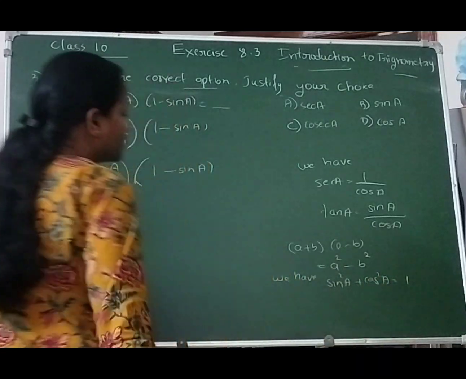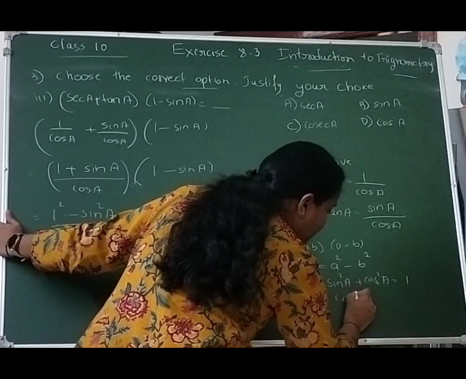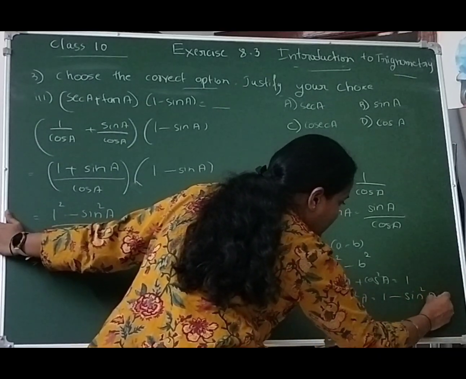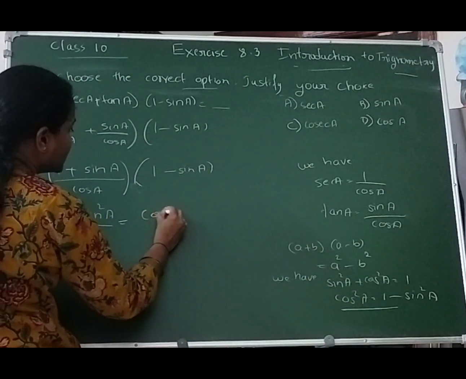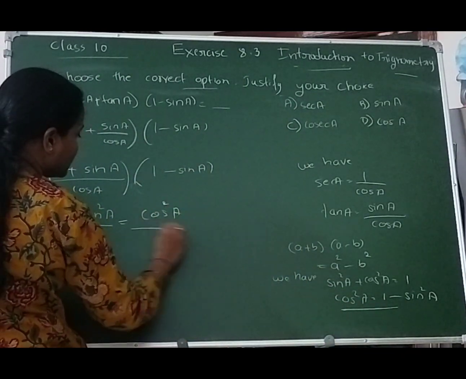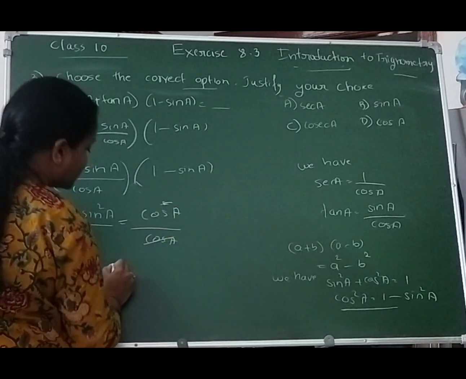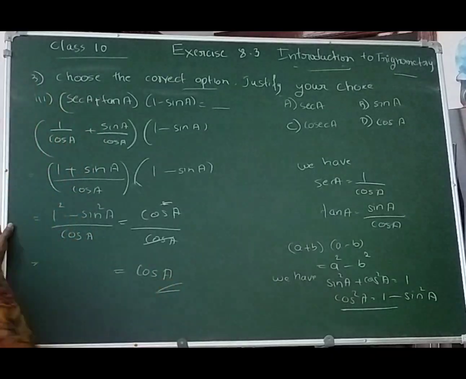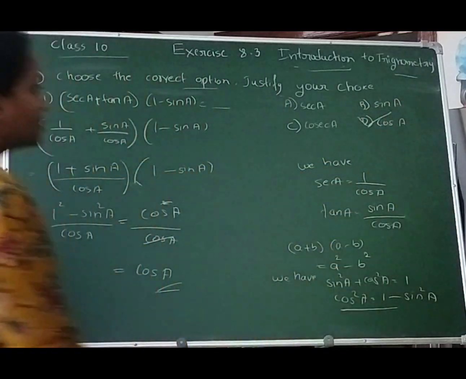So 1 minus sin square A is nothing but cos square A. We'll substitute here, so it will become cos square A divided by cos A. One cos will get cancelled and we'll get the answer as cos A. So the option D, cos A, is the right answer here.